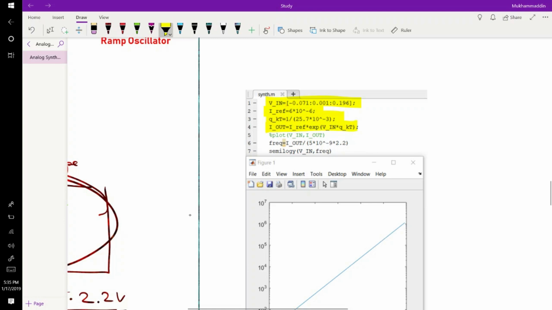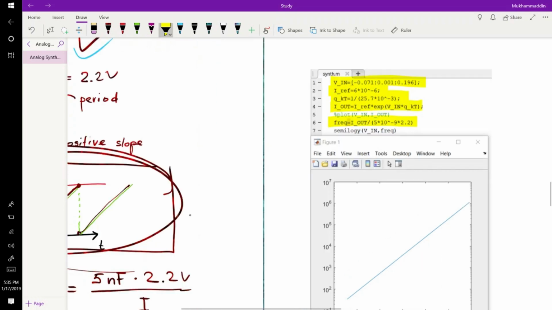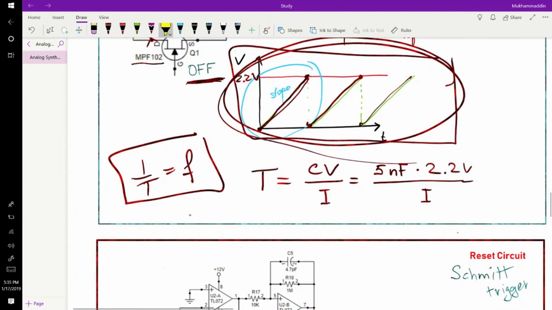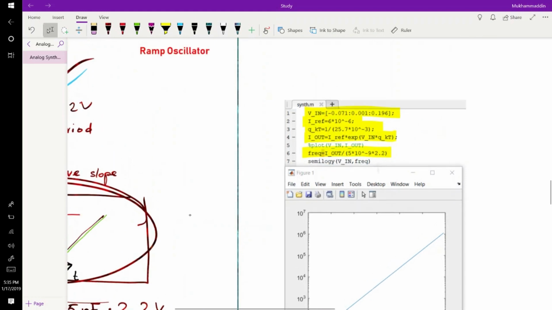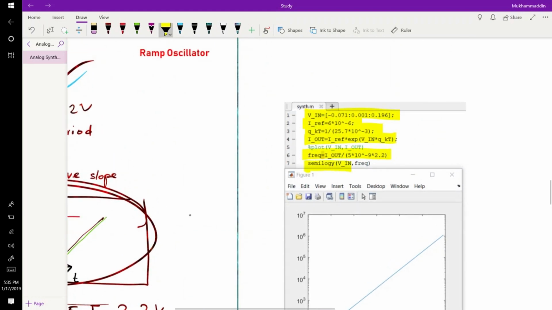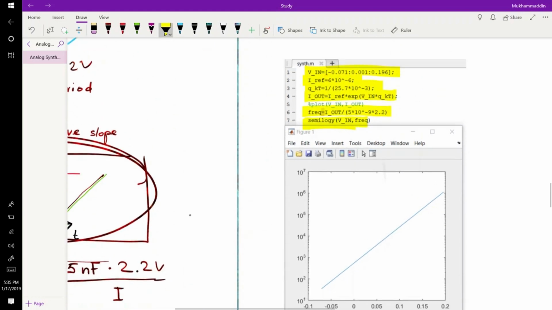Then instead of plotting V in over I out, I calculated the frequency, which comes from these two formulas, and plotted the semi-log plot.